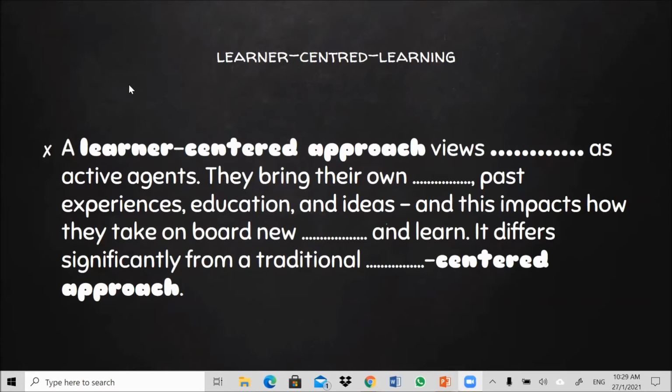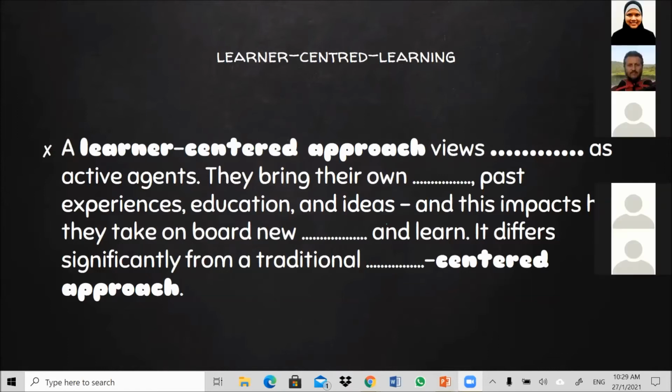A learner-centered approach views learners as active agents. They bring their own learning, values, knowledge, past experiences, education, and ideas, and this impacts how they take on board new information and learn. It differs significantly from a traditional method, not method, teacher-centered approach.